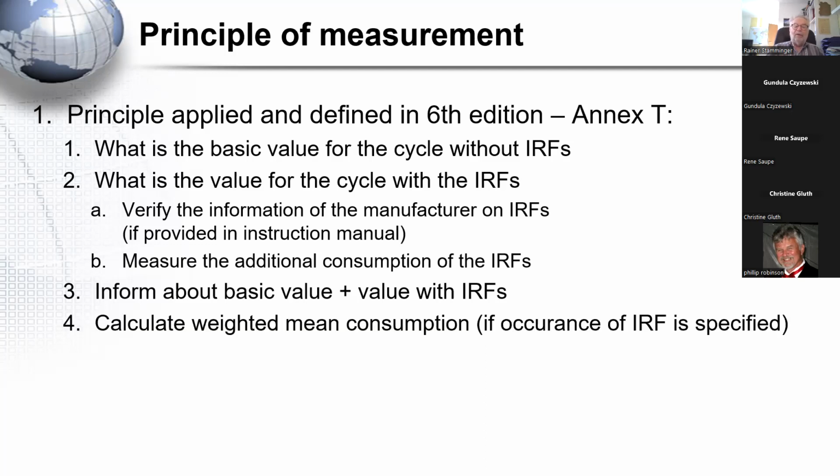And then we, or some regulatory body, can take those values to calculate something like an average mean or weighted mean, to say, okay, the realistic consumption for this product under this water hardness condition is 55 liters, although the machine is declared with 45 liters.